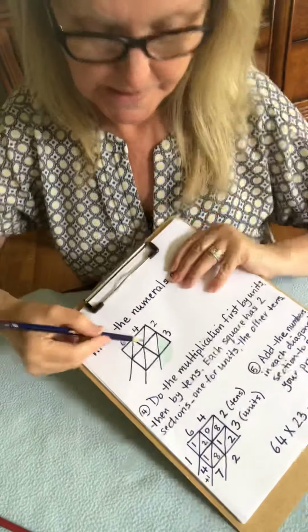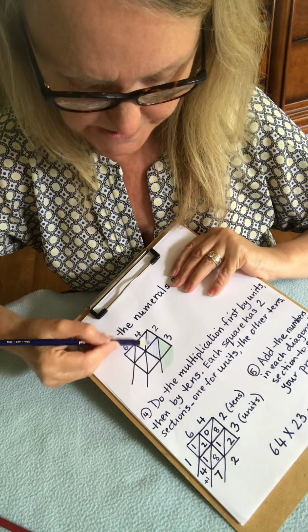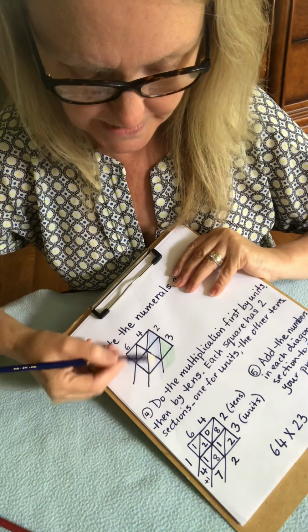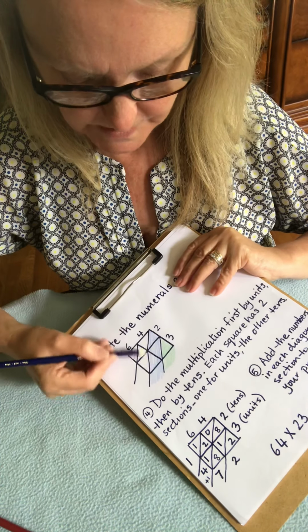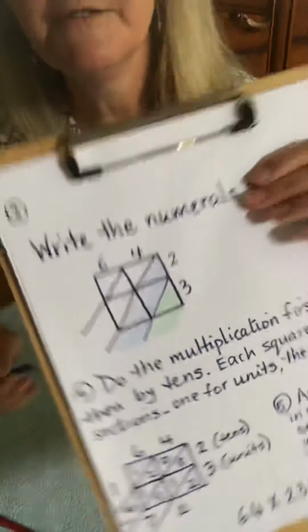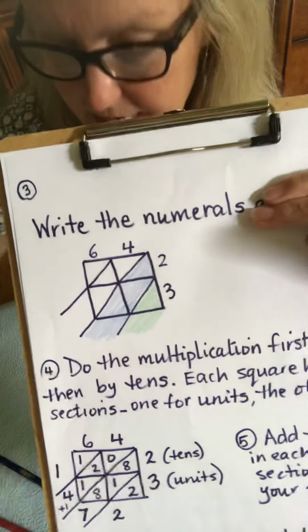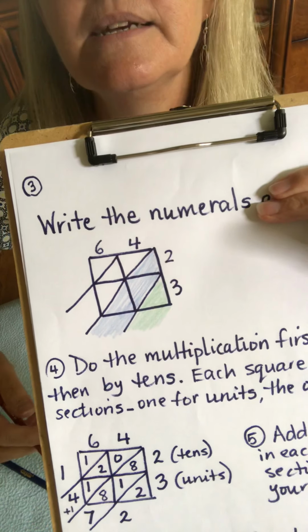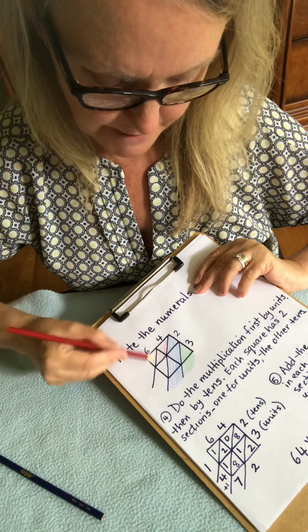Then we have tens. So we're going to color this not very heavily because we're going to write over it. And again, I'm extending it into my answer so that we can see how the answer is also tens. Do you see what I've done? So we have units, tens. What comes next? That's right, hundreds, and we're going to represent those in red.